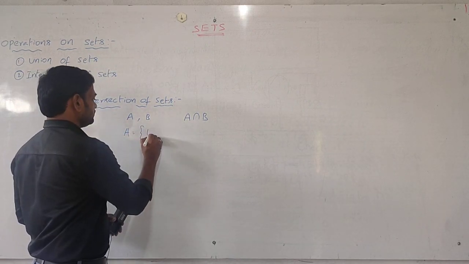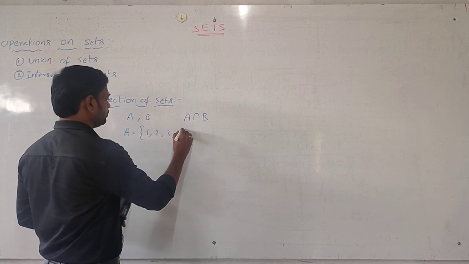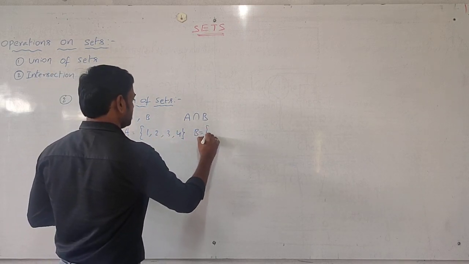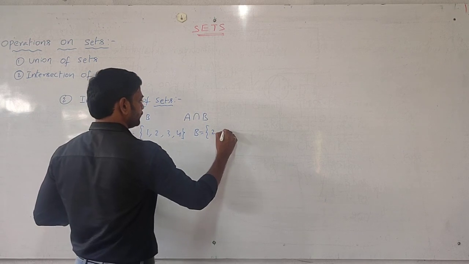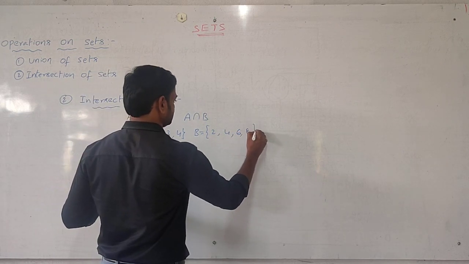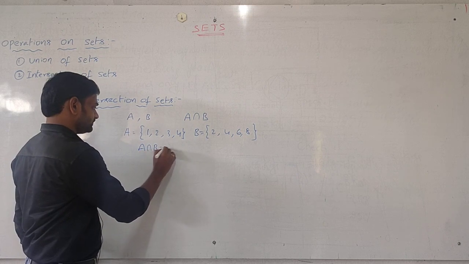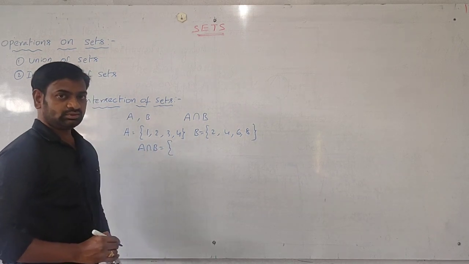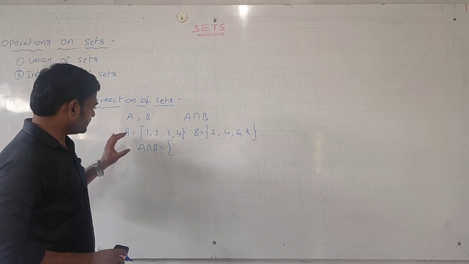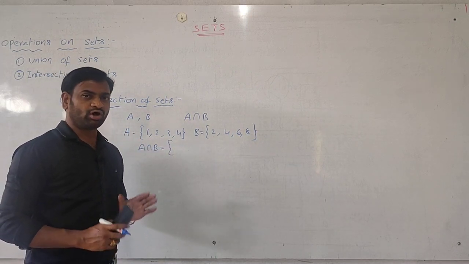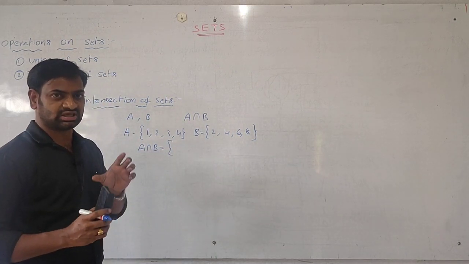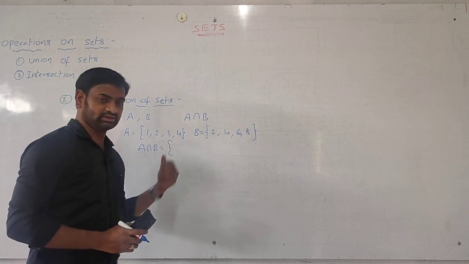Capital A is 1, 2, 3, 4. Capital B is 2, 4, 6, 8. Now what is A intersection B? In A and B, what are the common elements that we have to write here?